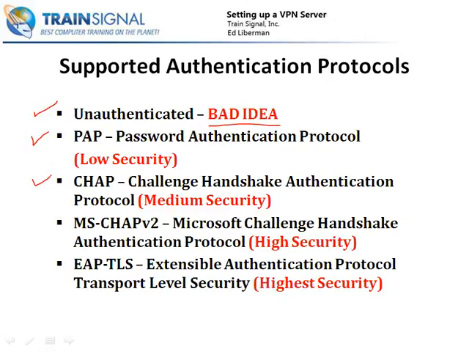And as a matter of fact, pretty much the only place you would ever use CHAP would be if you had non-Microsoft clients. So if you have clients that are out there and they're not running Microsoft operating systems, that's where you would use CHAP. And by the way, to answer the question of where you'd use PAP, I'd probably put that pretty much in the category with the unauthenticated. Just never. I can't think of any scenario where you'd really want to use PAP.